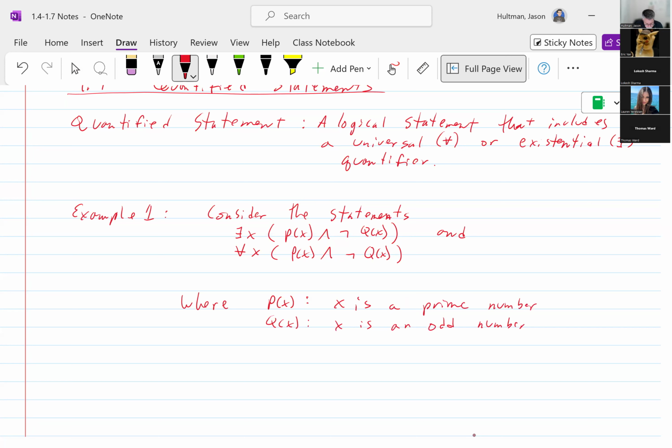Okay, for there exists X such that P of X and not Q of X, so I want a number that is a prime number, but is not an odd number.